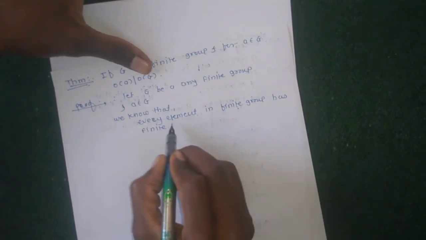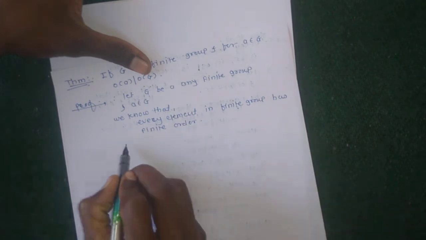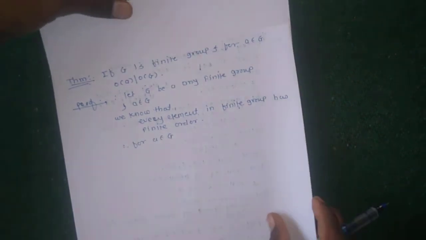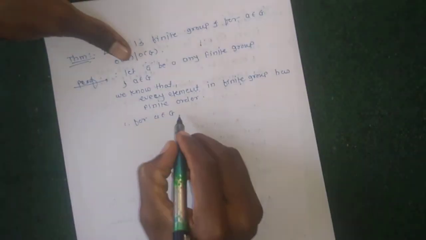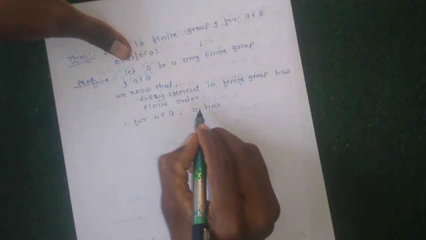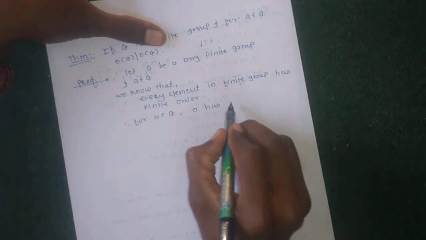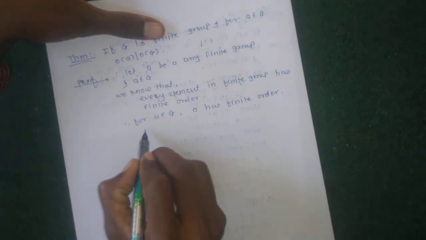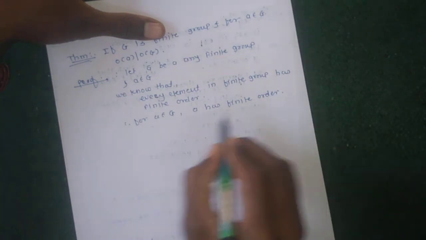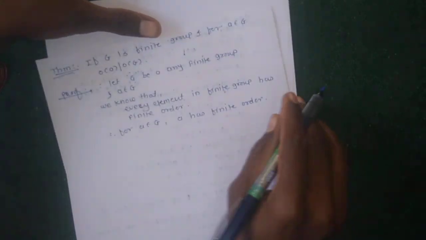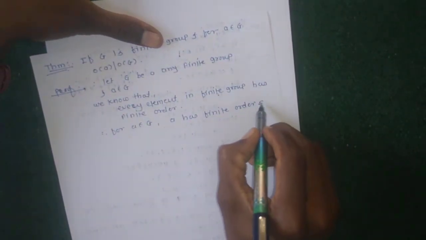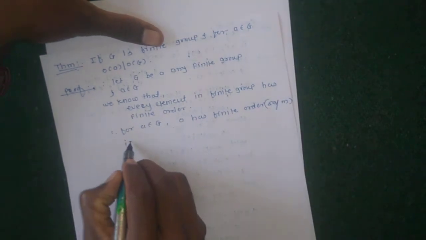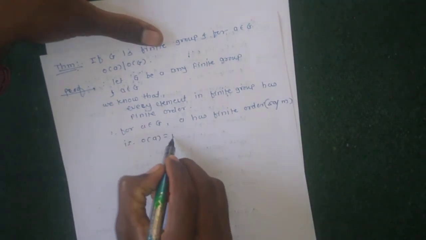Therefore for a belongs to G, a has finite order, and say that finite order is m. That is, the order of a equals m.